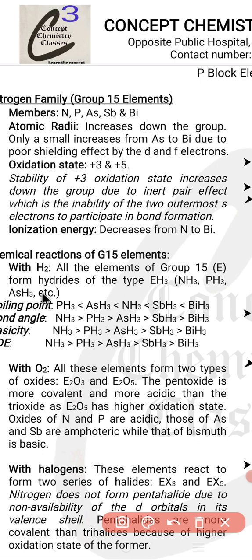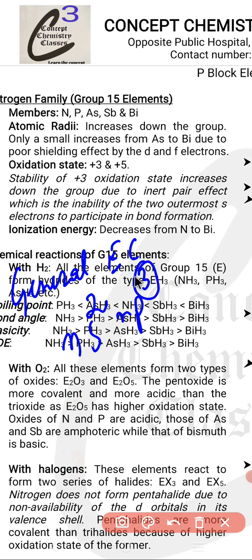Before oxidation state, let me write the general electronic configuration of group 15 elements. Group 15 elements have the general electronic configuration ns2 np3. They have 5 valence electrons, and if these 3 electrons from the outermost np go out for bonding, they will show +3 oxidation state.